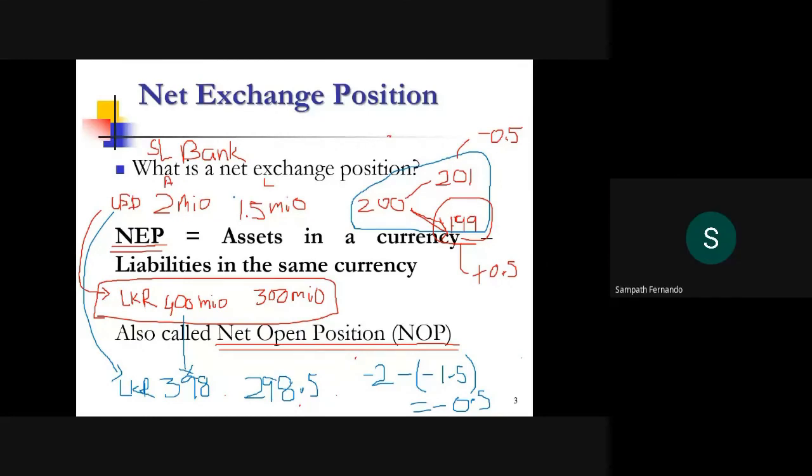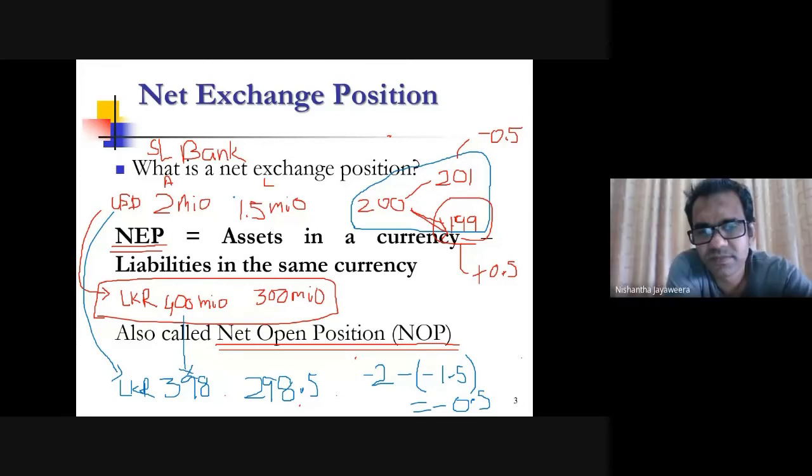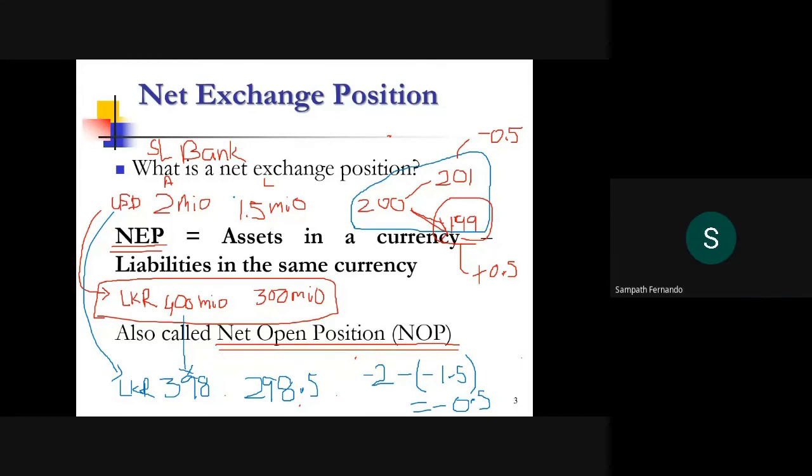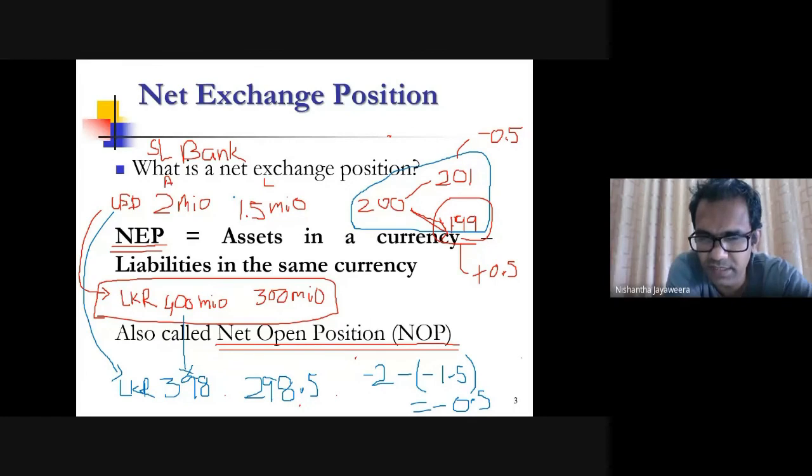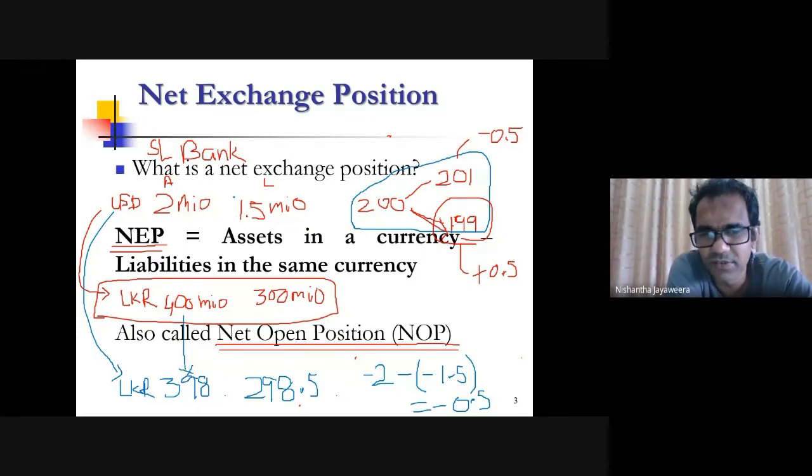Is that instead of the RTGS system? Not necessarily. We need the RTGS as well. It will be a combination of RTGS and the CCP.